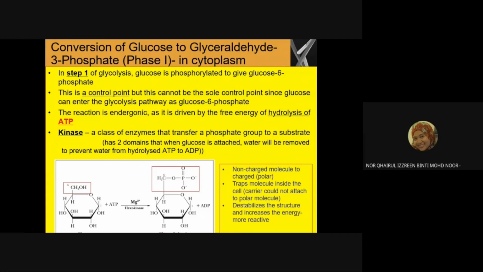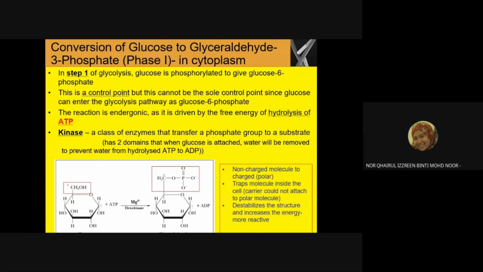The substrate here is glucose. This enzyme has two domains, meaning two parts. When glucose is attached to this enzyme, water is removed from the complex to tighten it, and this can hydrolyze ATP to ADP.